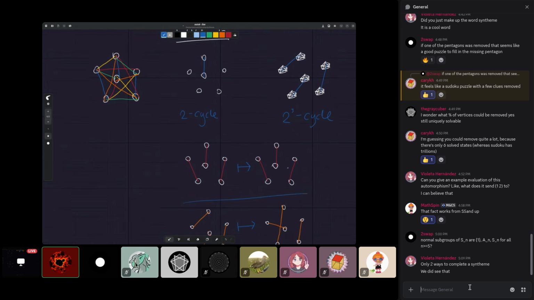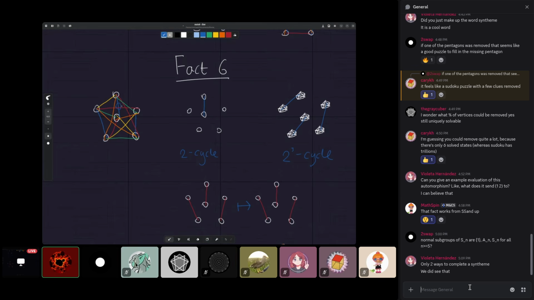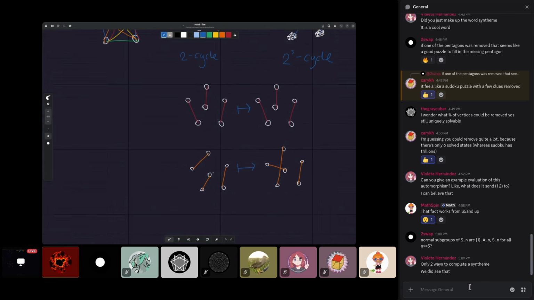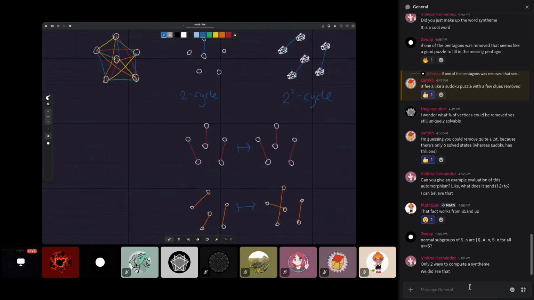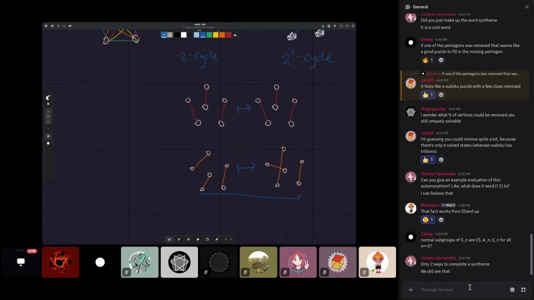And by this, that syntheme will be fixed when you apply this duad. And the other four are changed.